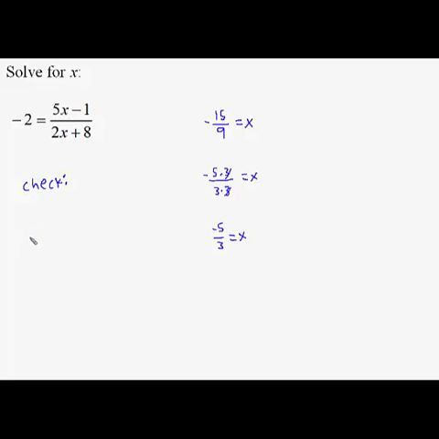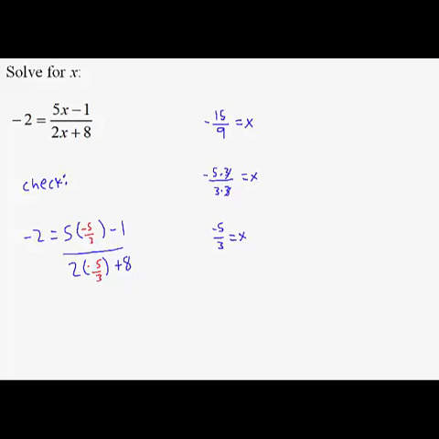What it means to check an equation is that you plug your solution back into the original equation. That would look like me replacing both x's here with my proposed solution of negative 5/3, and just seeing if you simplified this out, you would indeed get negative 2 like you're supposed to.